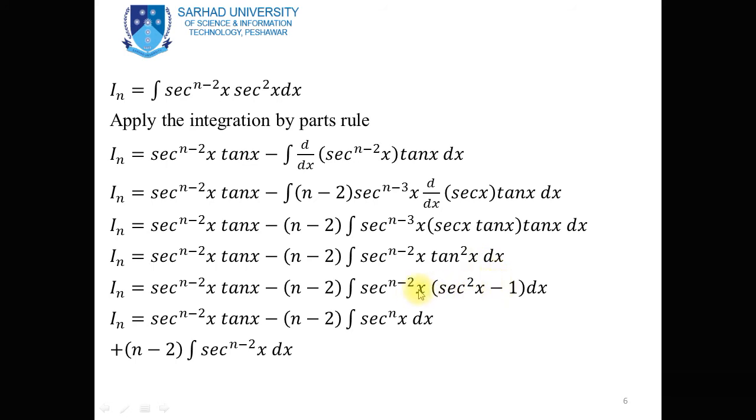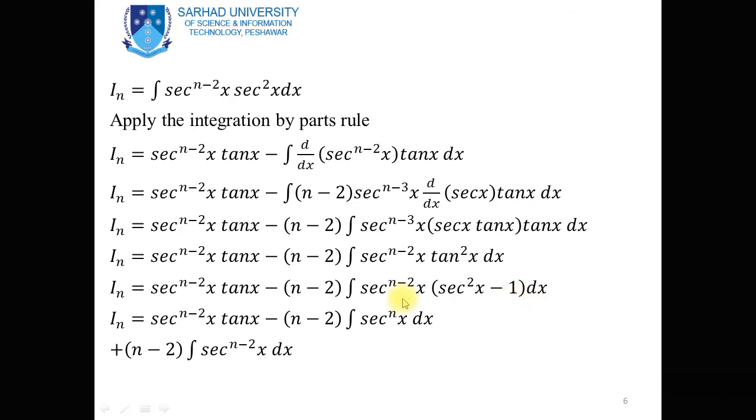Now multiplying these two results, we can write In is equal to secant^(n-2) x into tangent x minus (n-2) into secant^n x with respect to x plus (n-2) into secant^(n-2) x into dx.